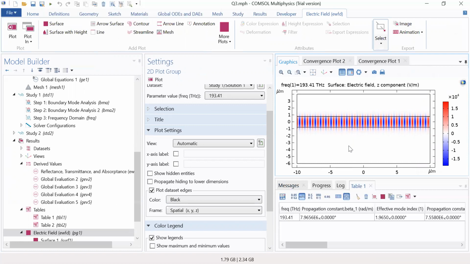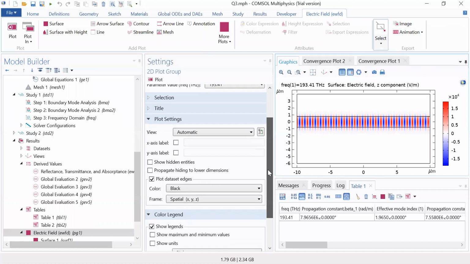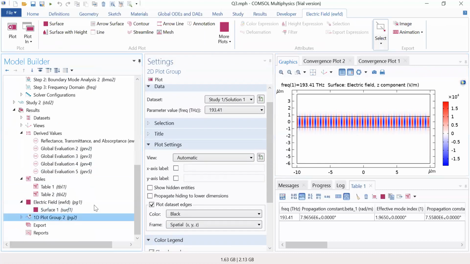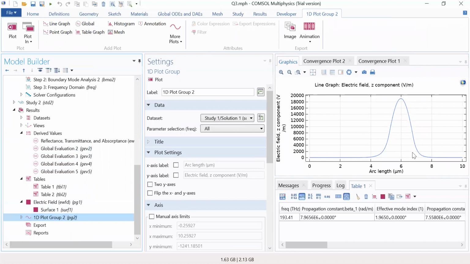This is the surface plot, and you can see that even in the fundamental mode, slightly energy is leaking out. You can see this in the linear graph also, which is not retaining most of the energy in this core part.